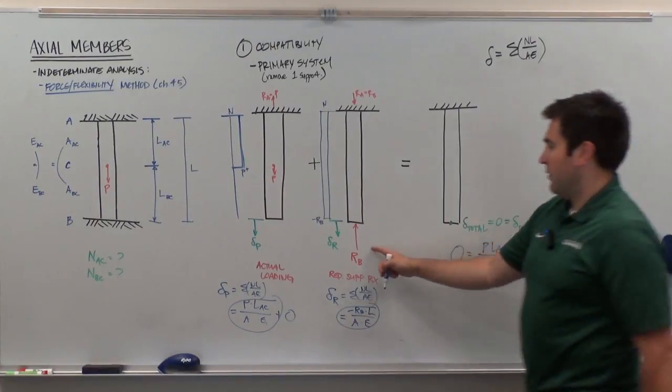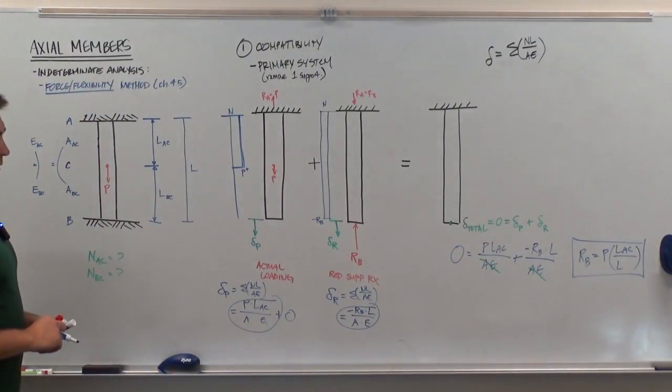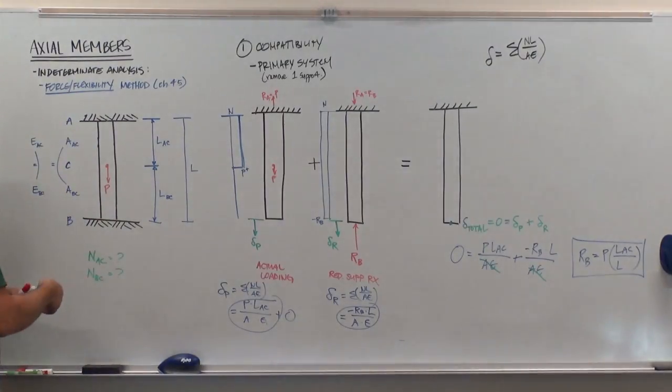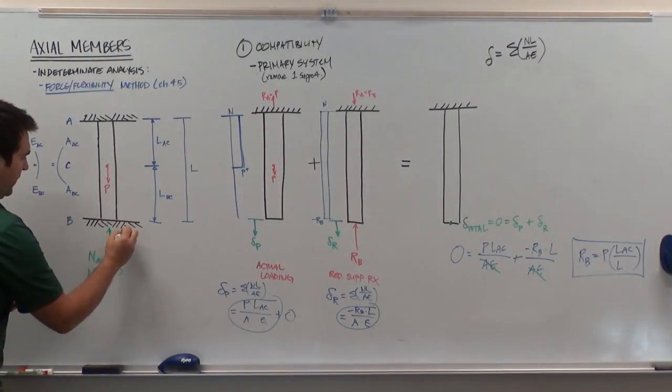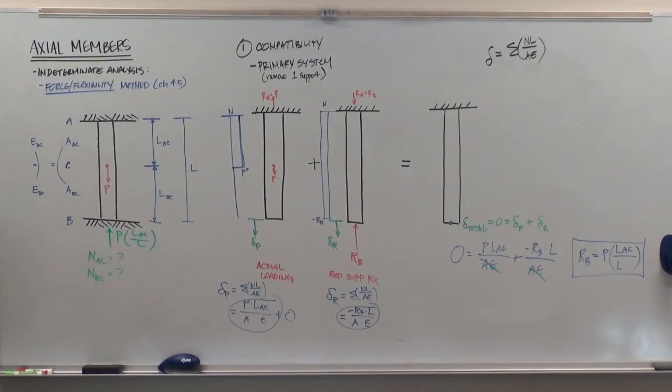That is this force right here, which is equal to P times L sub AC divided by L. And so if I want to find the internal normal force in member BC right there, I could just make a section cut and draw a free body diagram.